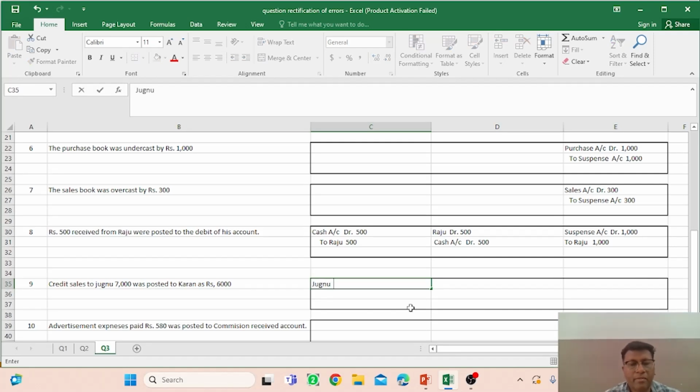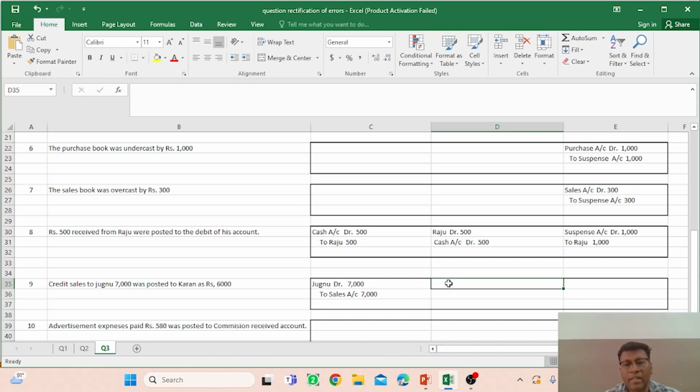Jugnu should be debited by rupees 7,000, and credit sales go to sales account rupees 7,000, and the wrong entry was posted to Karan. We have to focus that the sales account was intact. You can assume that the sales account was credited in a correct way.